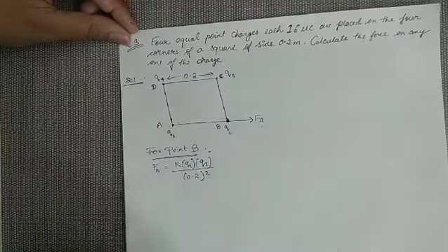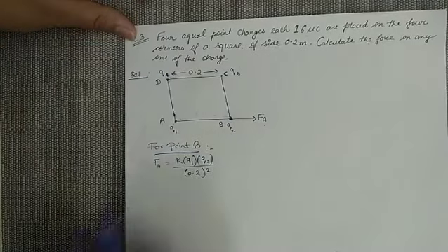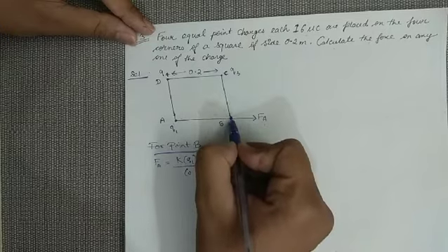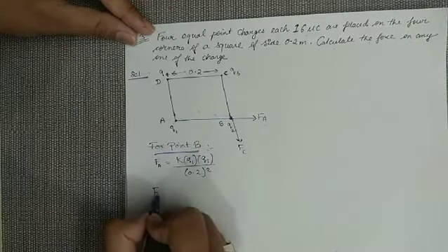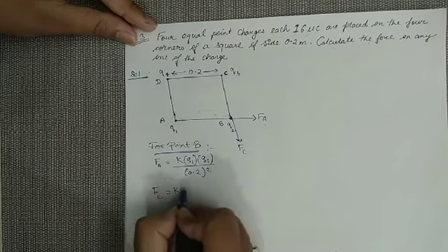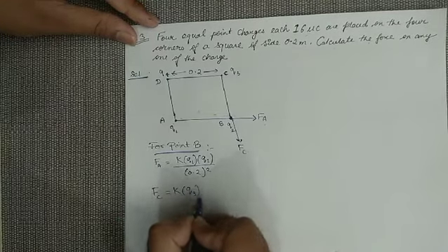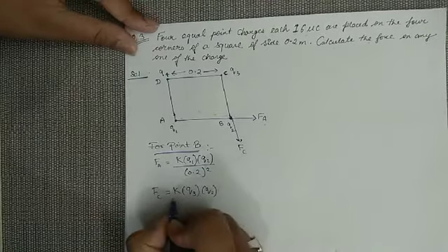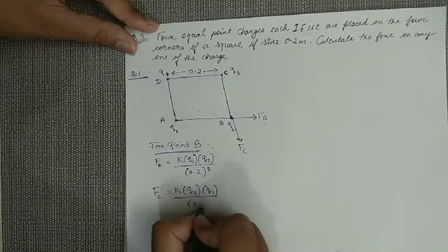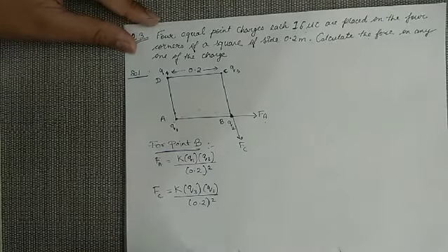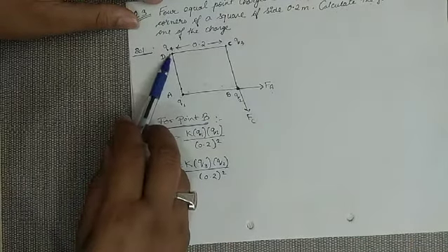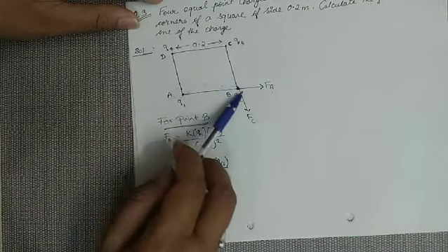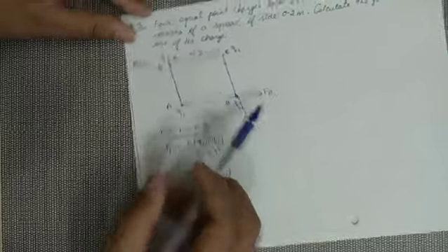This is the force applied by A. Similarly, C is also going to repel this B, force applied by C. So according to the formula, K, first charge, second charge upon distance, which will remain the same, that is 0.2 square. One more charge is there, that is D. This D is also going to repel this B charge.